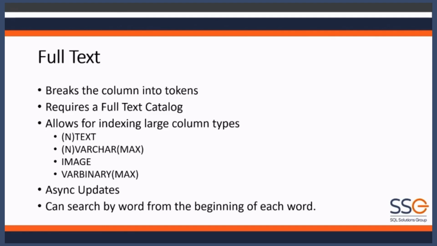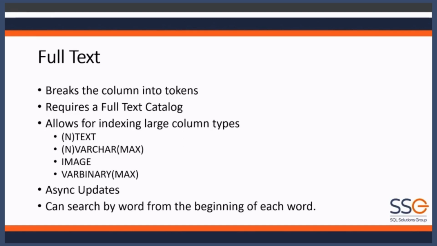It's worth noting that basically what it does is it takes all the words in your field and separates them out into tokens. And then you can search based upon the individual word from the beginning of the word. So if it had me in there, Richard Benner, SQL Solutions Group, 5 separate words.